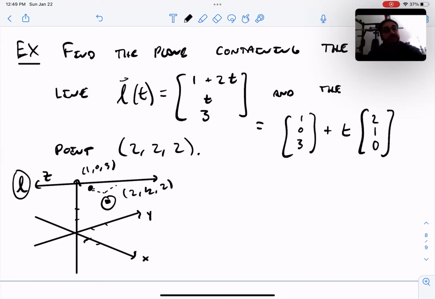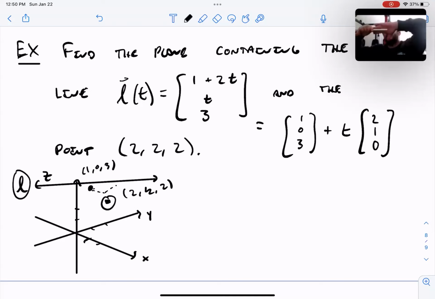So you can imagine through that line L, you can pick your favorite line, right? Through a given line, there will be infinitely many planes because you could put a plane on that line, then rotate it, right? So there will be infinitely many planes that contain a given line, but since we also specified a point, there will be a unique plane that also contains that point, right?